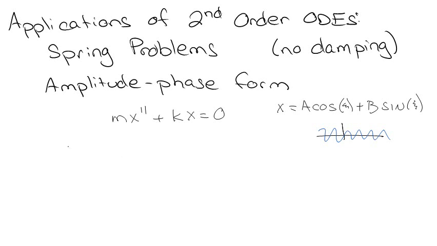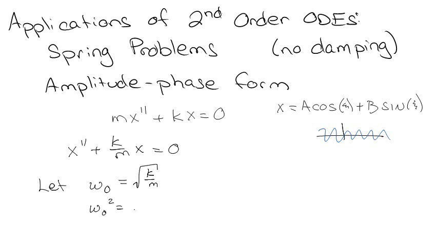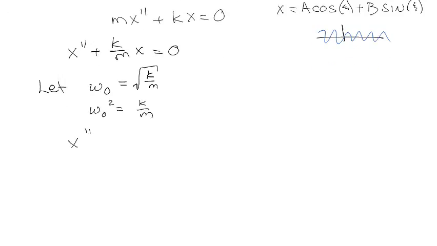So we are going to start off and do a fun little derivation, because derivations make us better people. We're going to arbitrarily let this thing called omega naught equal the square root of k over m. Why? You'll see in a minute. So that means I can rewrite this as x double prime plus omega naught squared x equals 0.